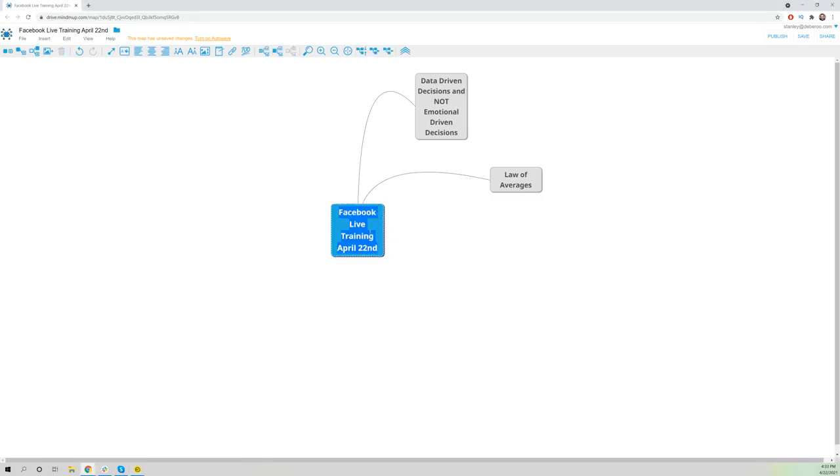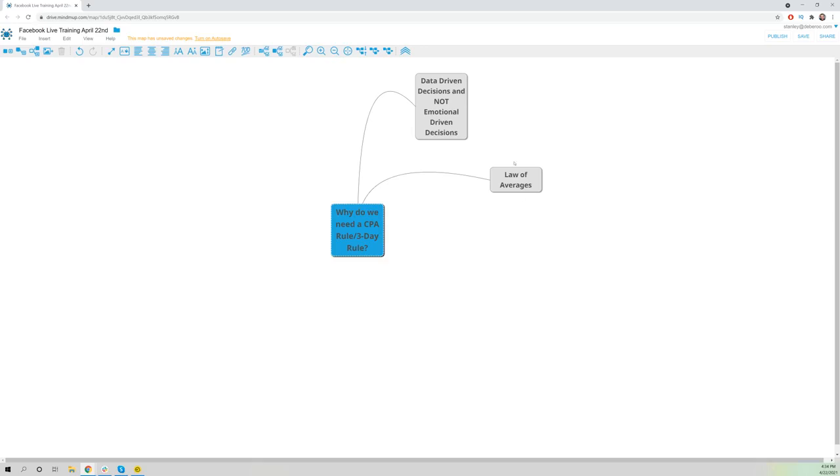Let me put that right here. Why do we need a CPA rule, or 3-day rule? Because the 3-day rule is what we're talking about today. First of all, we want to make data-driven decisions and not emotional-driven decisions. And then we also have the law of averages.